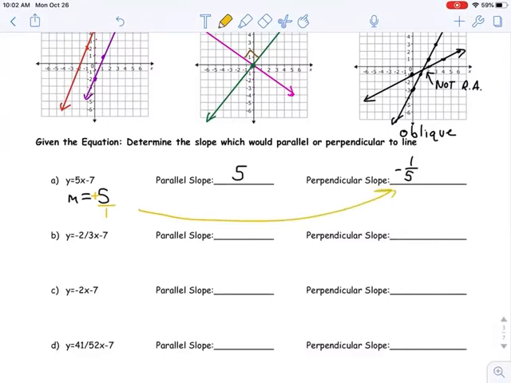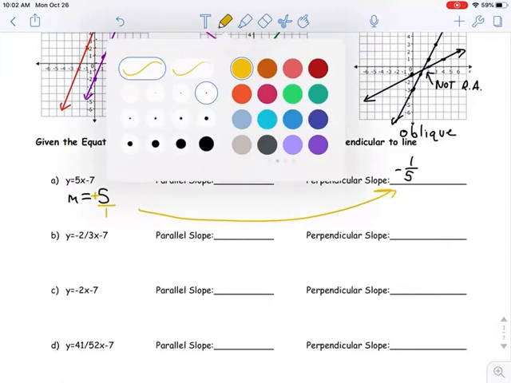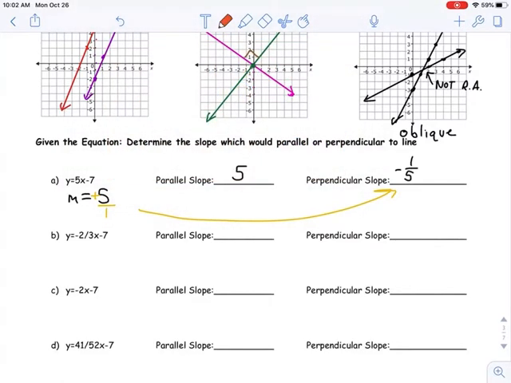When there's not a positive sign, it's just implied that the numbers are positive, and technically every number is over 1. In this next one, the slope is -2/3, so the parallel slope would be -2/3. The perpendicular slope would be +3 over 2. And again, I don't have to write positive, it's implied.